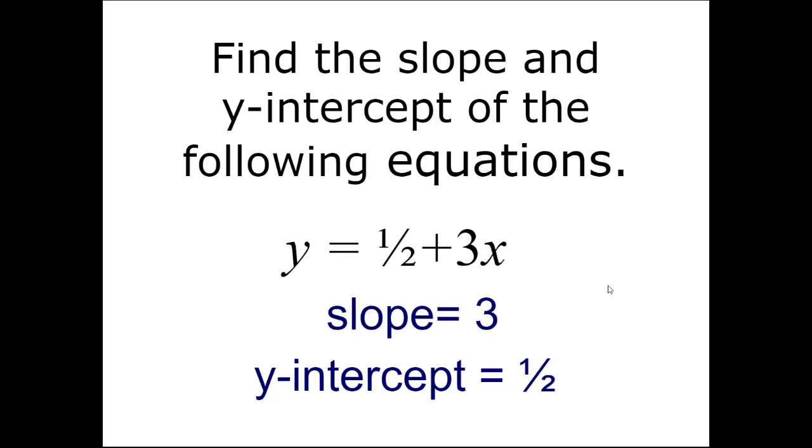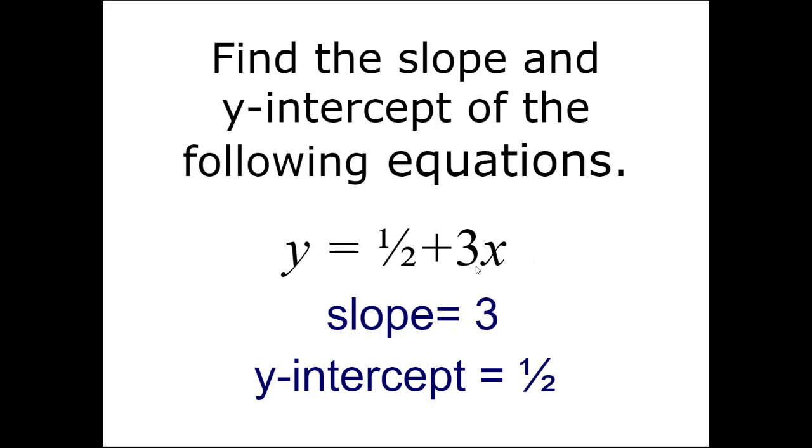In statistics, for whatever reason, we actually use the order b plus mx, but it's the same thing because you're just moving the numbers around. So this is the same exact equation that we saw in the previous slide.